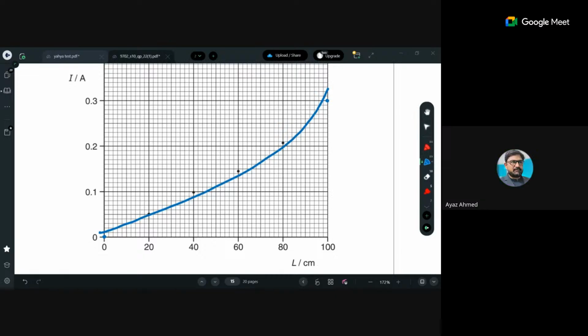Just see, 1 point above, 3 points above, and 2 points below. Let me draw it again, because we can have a curve and a line of best fit. All points above, 3 points below.